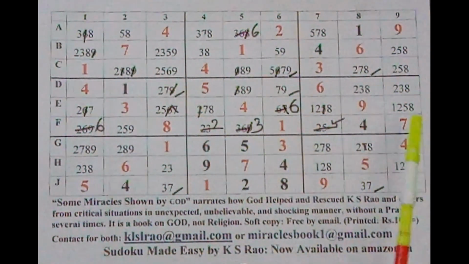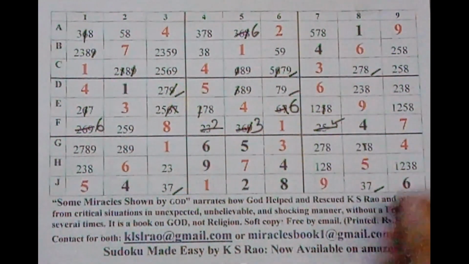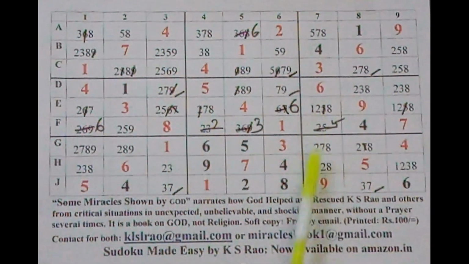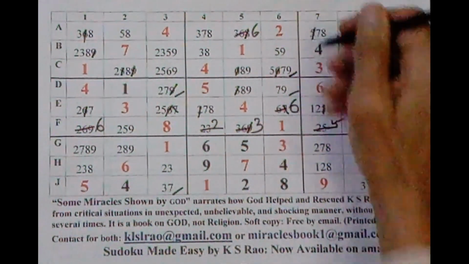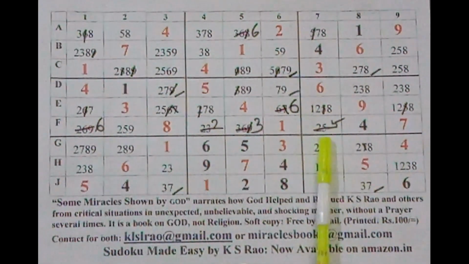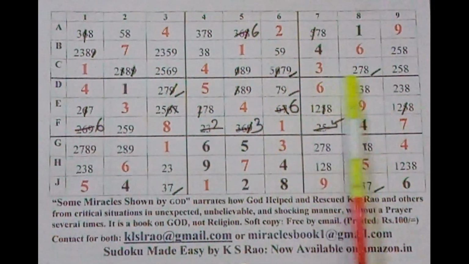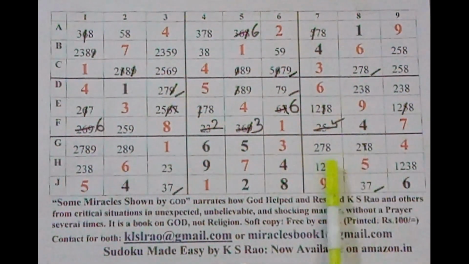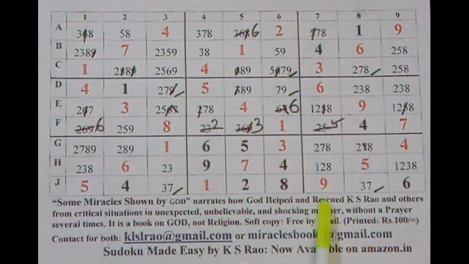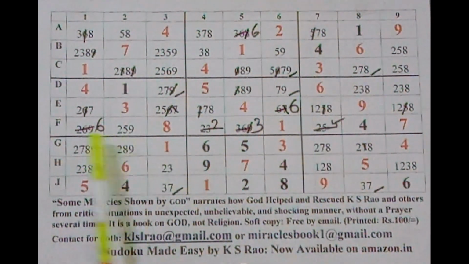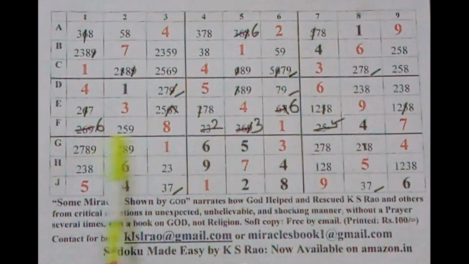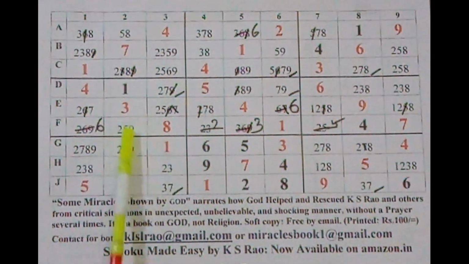So by means of that we can delete this 5 and this 5 also. See, once we write a 5 here, this number 5 need not be found anywhere else in this box, and need not be there anywhere else in this column and in this row also. Now let us correct this cell F2.